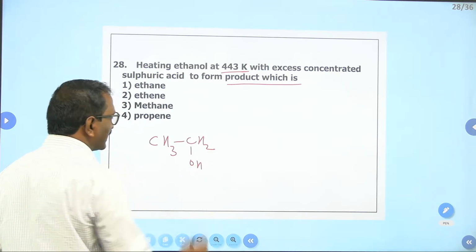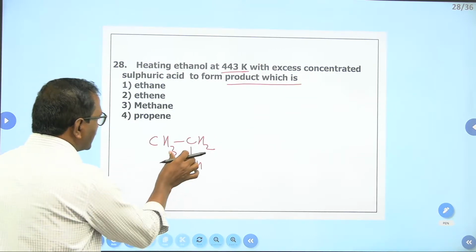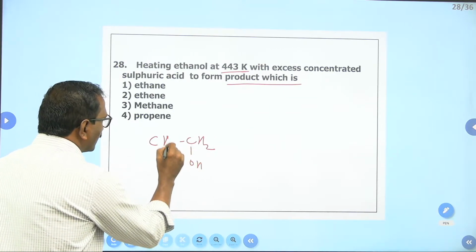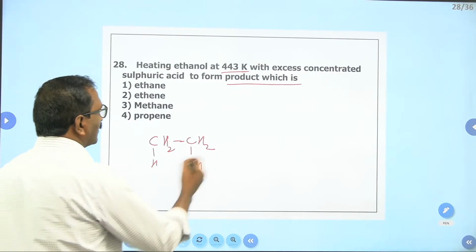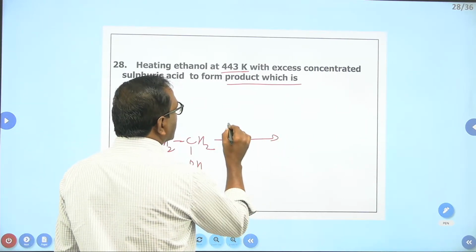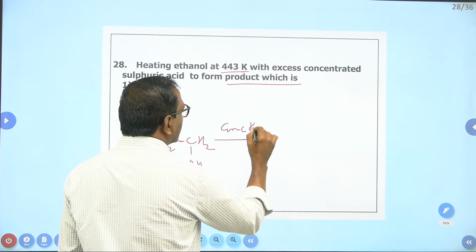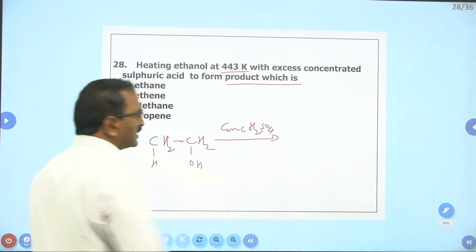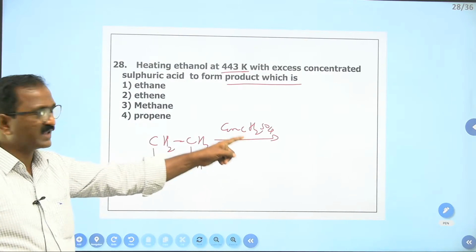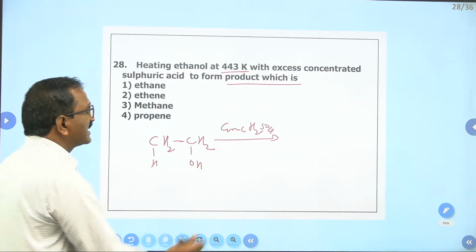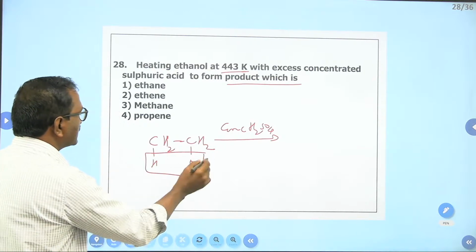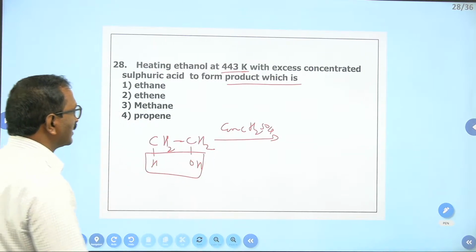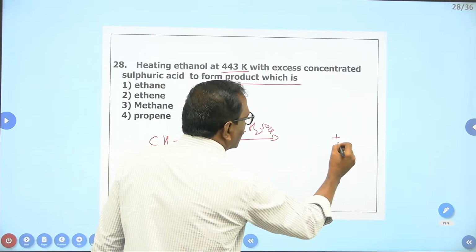You have to write it like this for our convenience, CH2, and one of the H written like this here. When treated with excess concentrated sulfuric acid, the acid acts as a dehydrating agent, which is responsible for elimination of water from the adjacent carbon atoms of the ethyl alcohol. Elimination of water is one of the products.